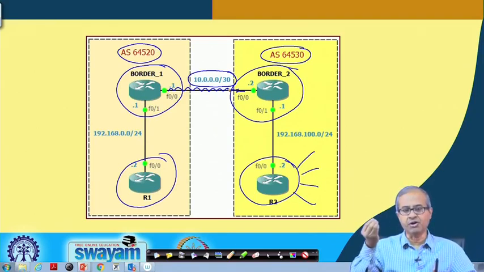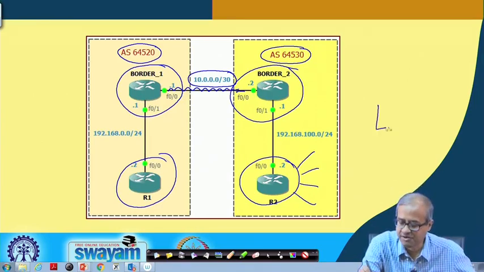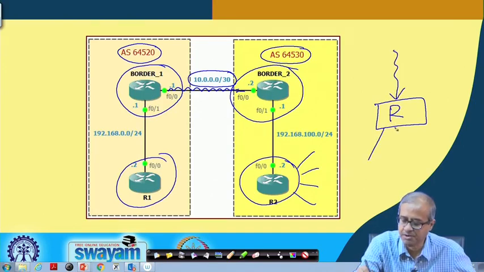Recall when we discussed IP addresses, we said that some IP addresses are meant to be private. What is meant by private? Suppose I have a router and a packet arrives for routing, there may be multiple outgoing links.